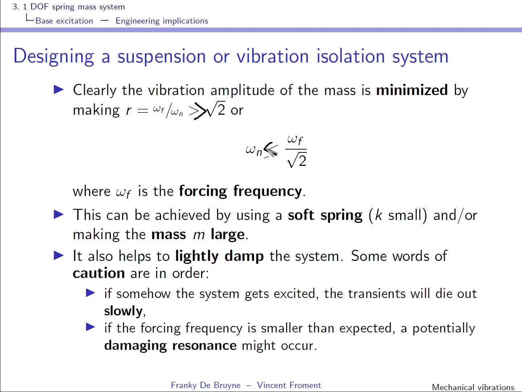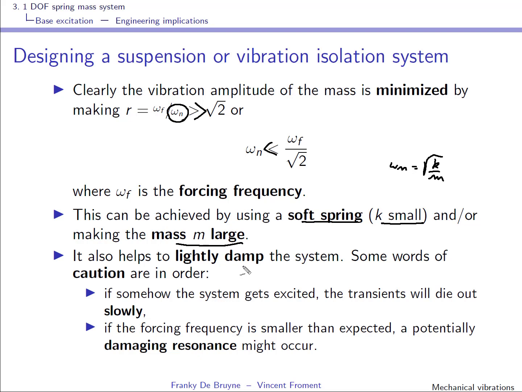This condition can be achieved, as in the case of a forced excitation, by choosing a small natural frequency. This can be achieved as omega n is square root of k over m, by taking a small k, a small stiffness or a soft spring, or a mass that is very large.